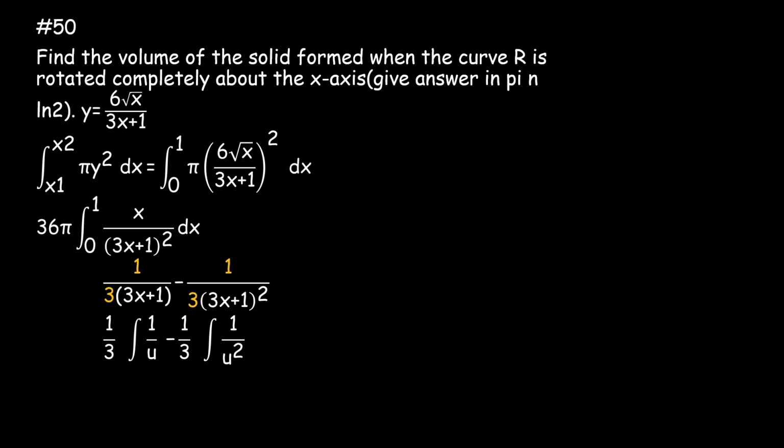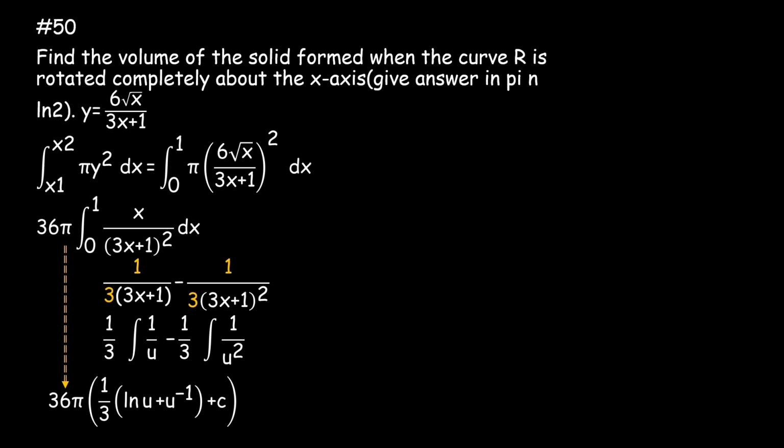The first part will give us a natural log, while the second part will give us u to the power negative 2 plus 1, over negative 2 plus 1. So we would have 36 pi times 1/3 natural log of u minus u to the power minus 1, plus c.